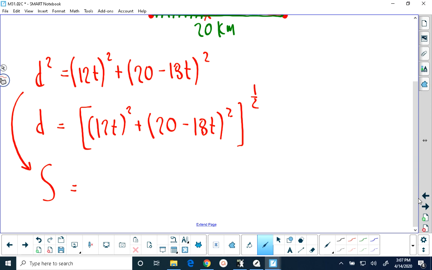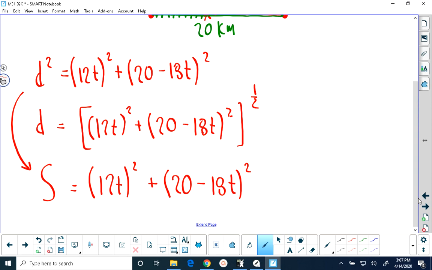Once again, if the distance is as small as possible, the square of the distance will be as small as possible, which means that this can be the function that we worry about differentiating. We're going to find ds/dt, which will be the derivative of the square of the distance with respect to time. And whatever time gives us the minimum square of the distance will be the time that gives us the minimum distance.